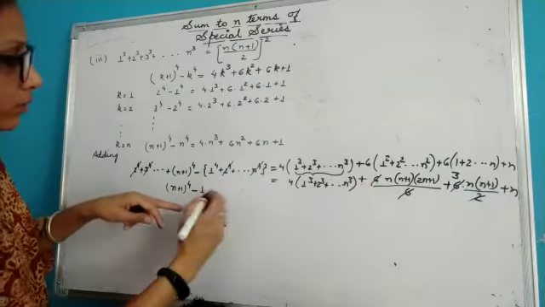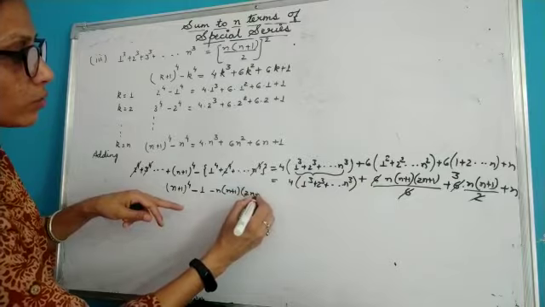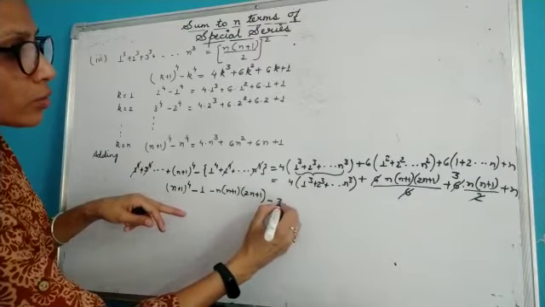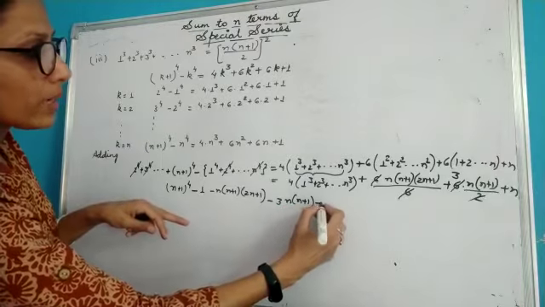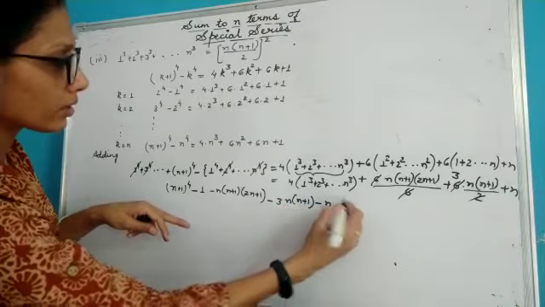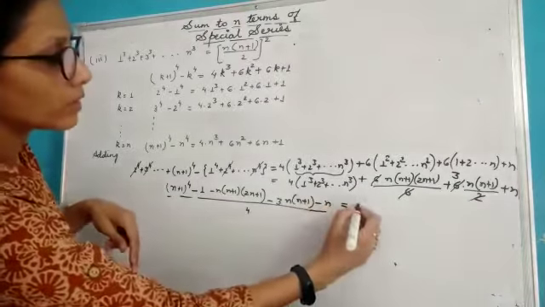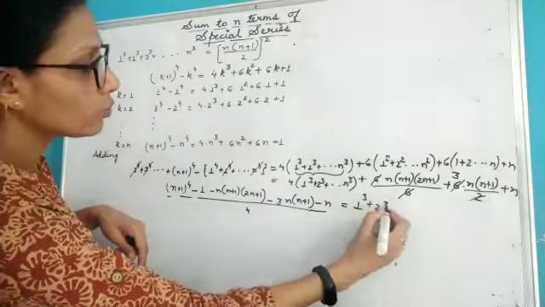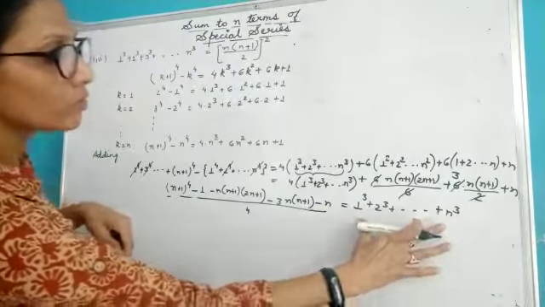So here it will be minus n plus 1, 2n plus 1 minus 3 n plus 1 minus n equals 4 times 1 cube plus 2 cube plus up till n cube. So this is the value which we need to find out.